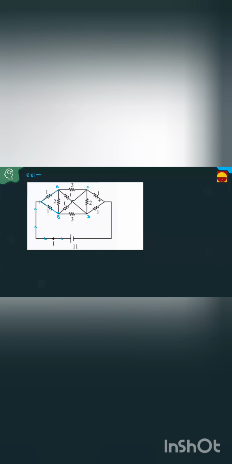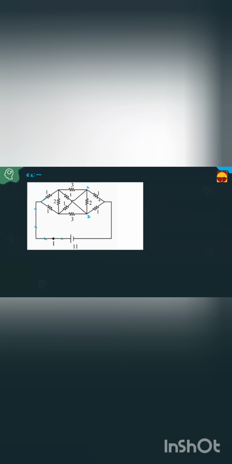See from the negative terminal side. Take any path, for example from this point to reach B. First, I'm checking A and B. To reach B, how much resistance is offered? Any path must be the same: 1 ohm, 1 ohm, 2 ohms. Next, check C and D also.